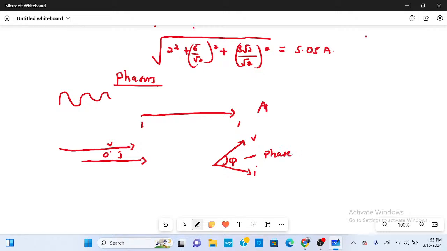And in this case, the voltage is leading the current by this angle. So the current needs to cover this angle before it can reach here. This is how the voltage and the current will be maintained within the conducting material. That is, the voltage will continually lead the current.